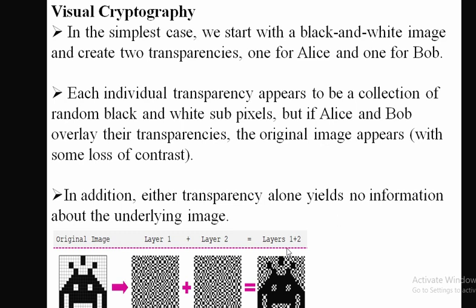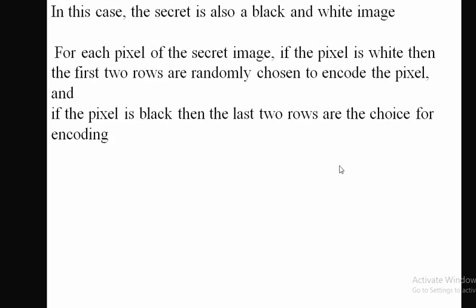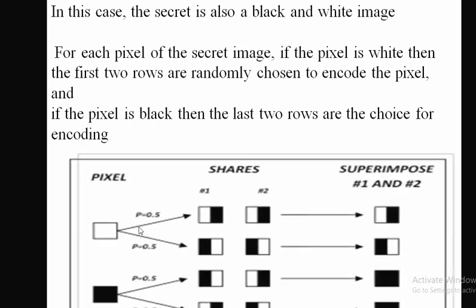I have taken this image from a website; I have not created this image. In this case, the secret is also a black and white image. See here, we have two possibilities: white and black. For white, we have to make the combination of a white block and a black block. If we mix these S1 and S2 slots, then we will get white, first half white and half black.